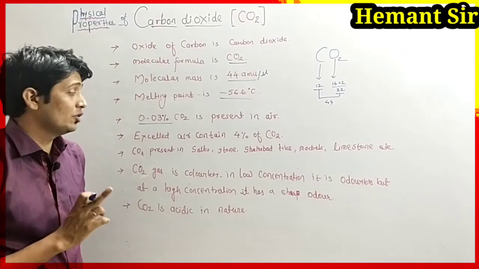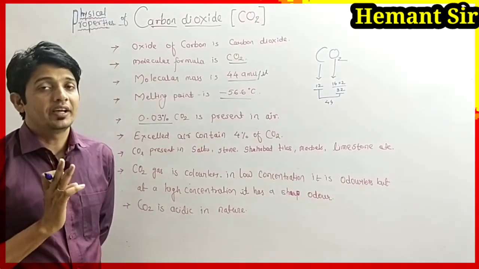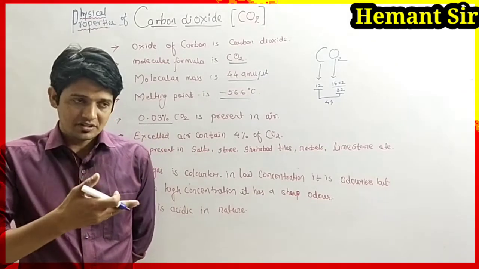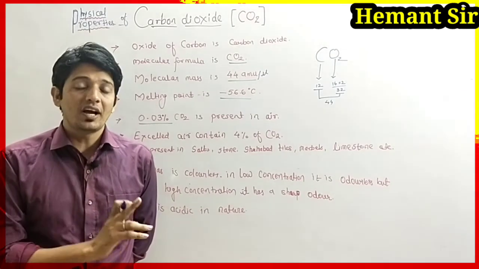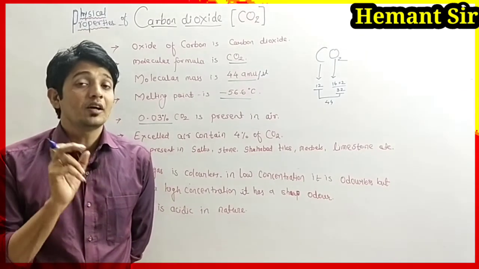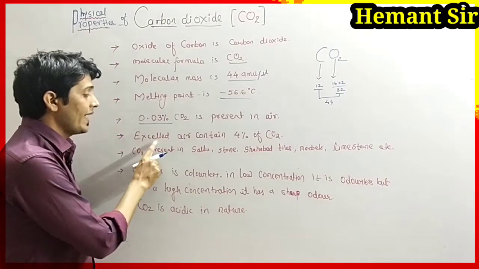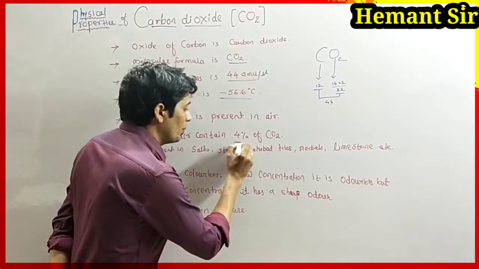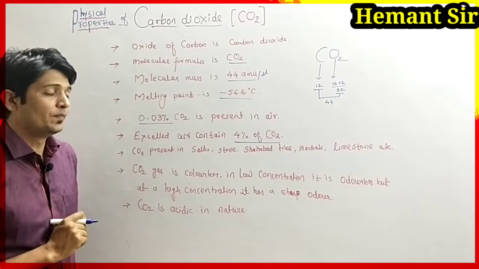Only 0.03% of carbon dioxide is present in our surrounding air. And when we exhale, when we breathe in and then breathe out, that air contains about 4% of carbon dioxide. So exhaled air contains 4% of carbon dioxide. Again, it is very important, you have to remember.